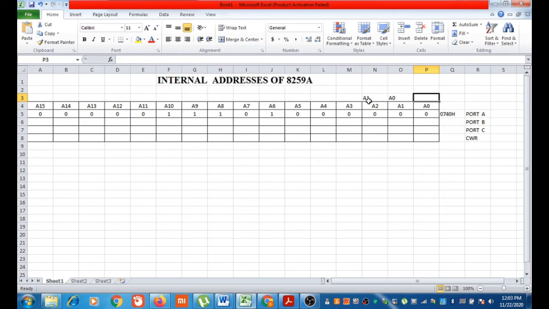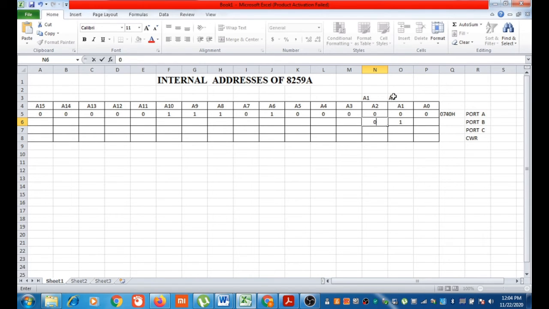So when A0 is equal to 0 and A1 equal to 0, port A will be selected. When internal address line A0 is equal to 1 and internal address line A1 is equal to 0, port B will be selected.